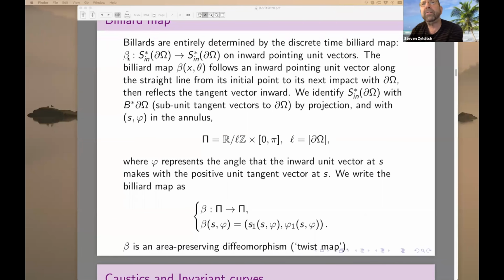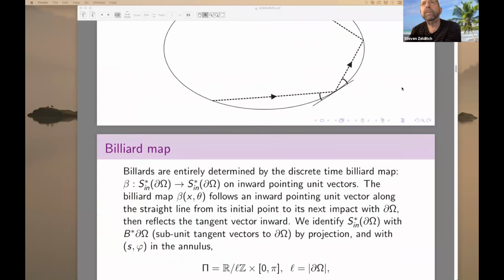The bounces we can think of as a billiard map, which goes from inward pointing unit tangent vectors to the domain to inward pointing unit tangent vectors. When it bounces, the outgoing direction is an inward pointing unit tangent vector. The incoming direction is outward, but we reflect it back inward again. So the billiard map takes the incoming one to the reflected outgoing one. That's what this picture says.